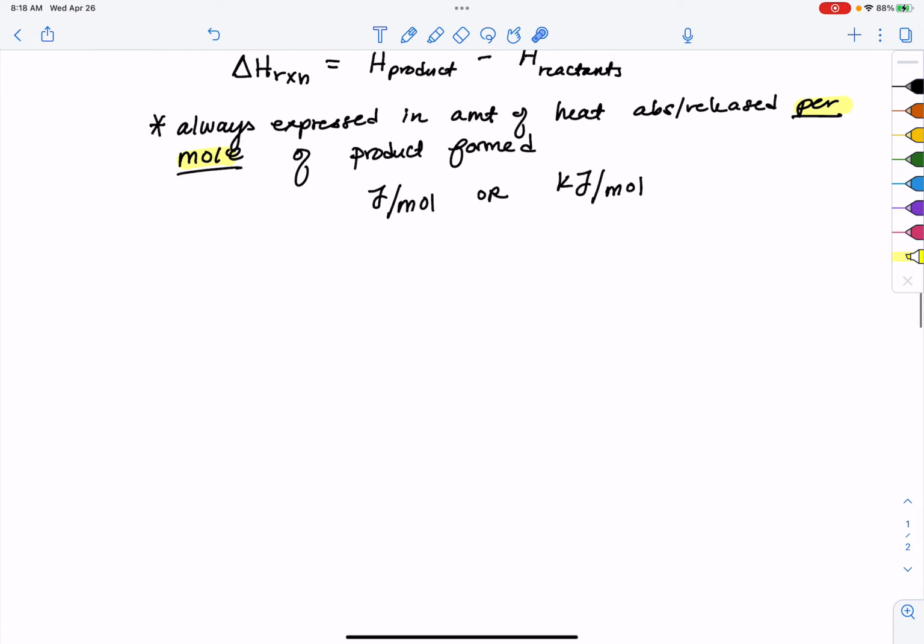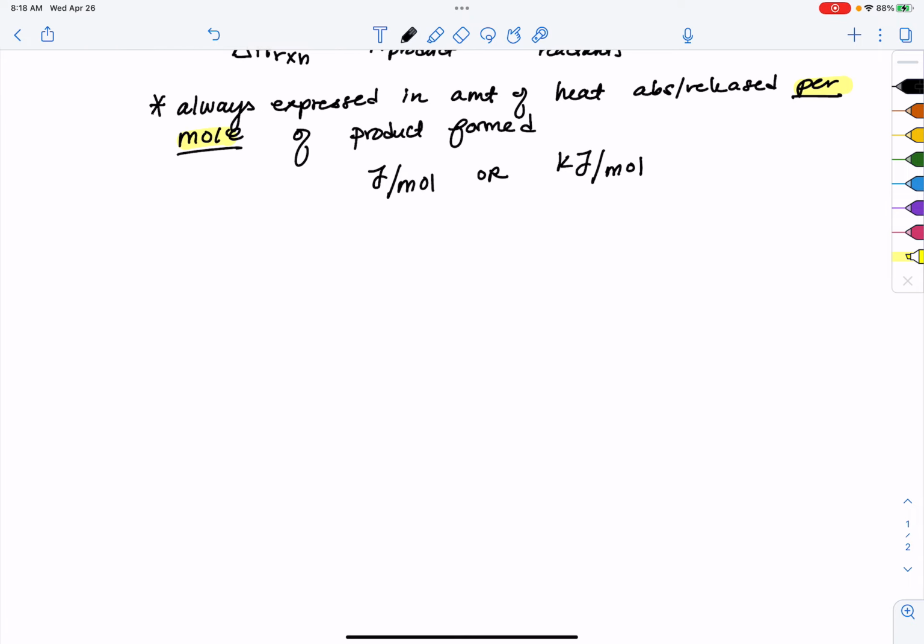So let's think about the ways in which the enthalpy of our products and reactants can change. So two ways in which the heat of our reactant system can change.